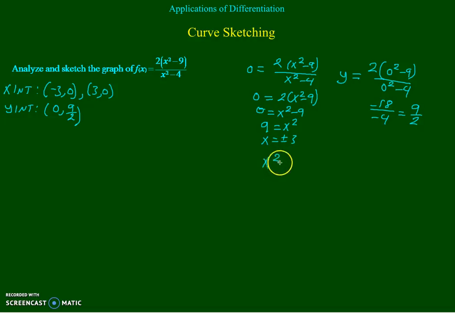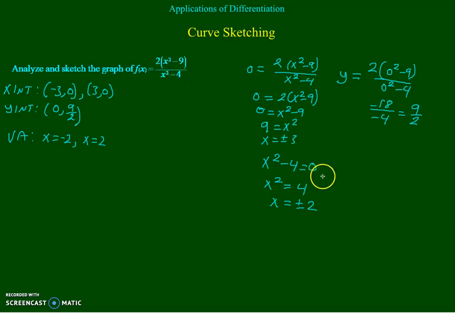So x squared minus 4 equals 0. x squared equals 4. x is plus or minus 2. So we know that this has vertical asymptotes at x equals negative 2 and x equals 2.